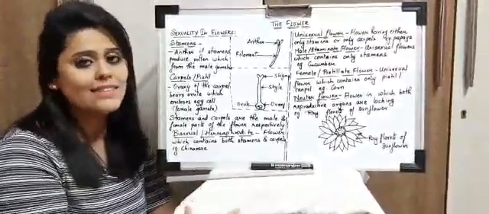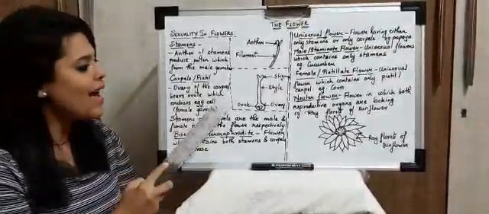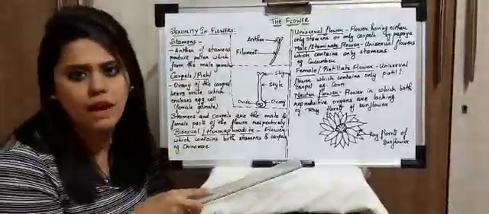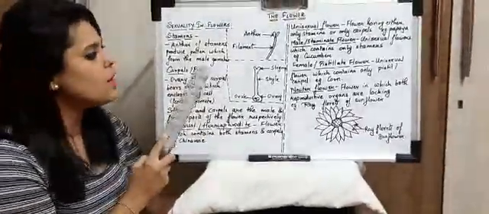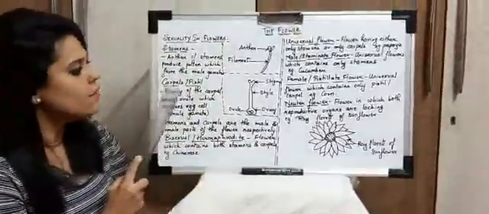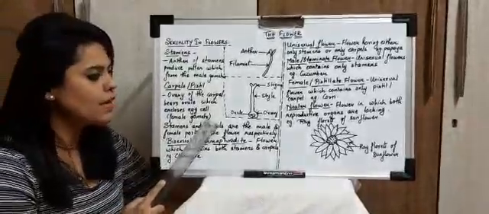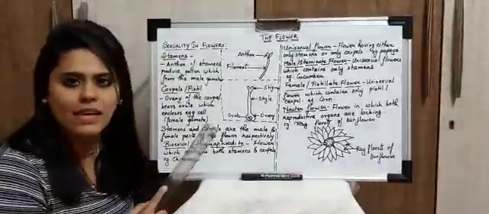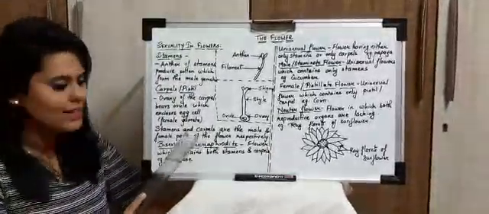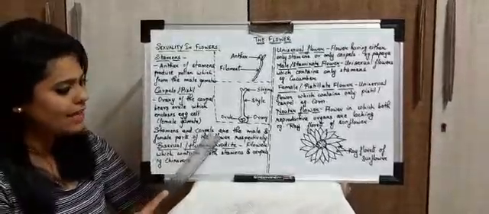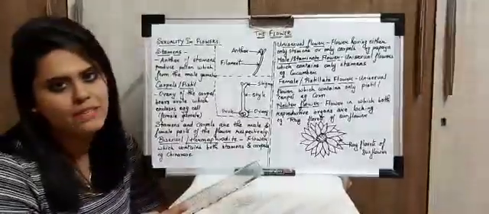So to understand these definitions, you should be pretty clear about the male part and the female part of the flower. The male part is the stamen, which is responsible for the production of the male gametes. The female part is the carpel, which is responsible for the production of the egg cell, also called as the female gamete, right? So here I have given a statement that the stamens and the carpels are the male and the female parts of the flower respectively.